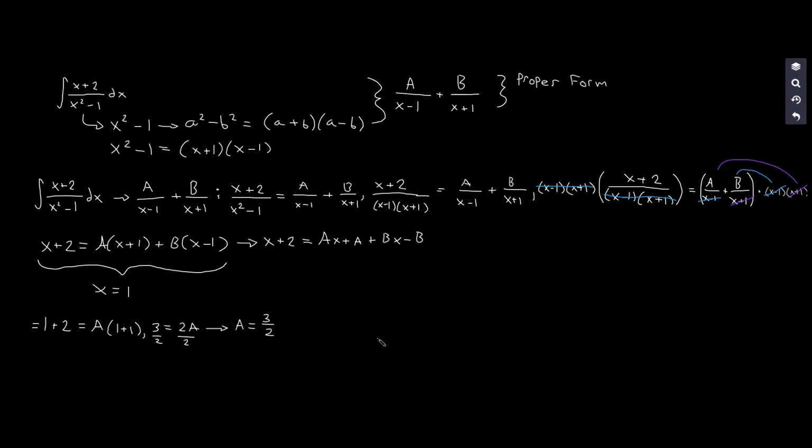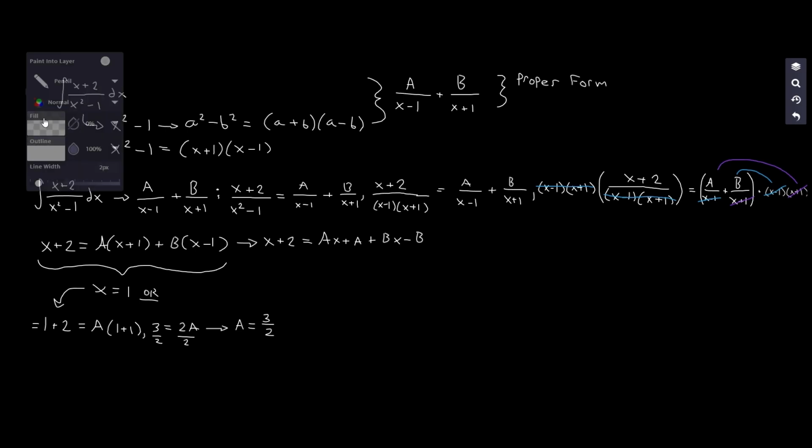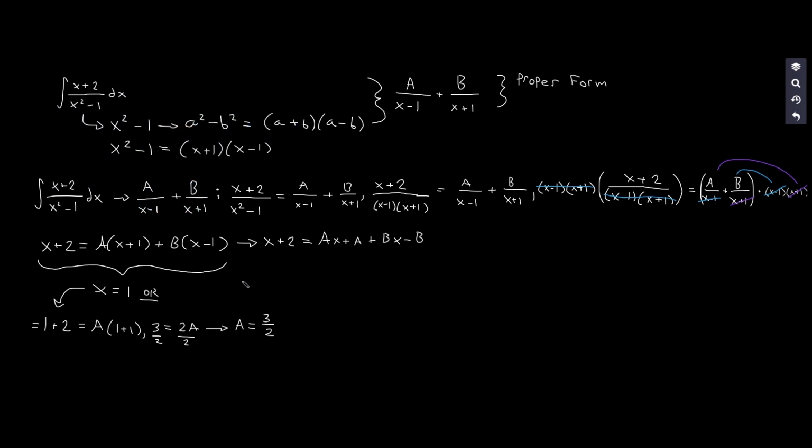And then instead, if you put x equals -1 in the original equation, I'm going to do a different color here, then we'll find that the a times x plus 1 term goes away.